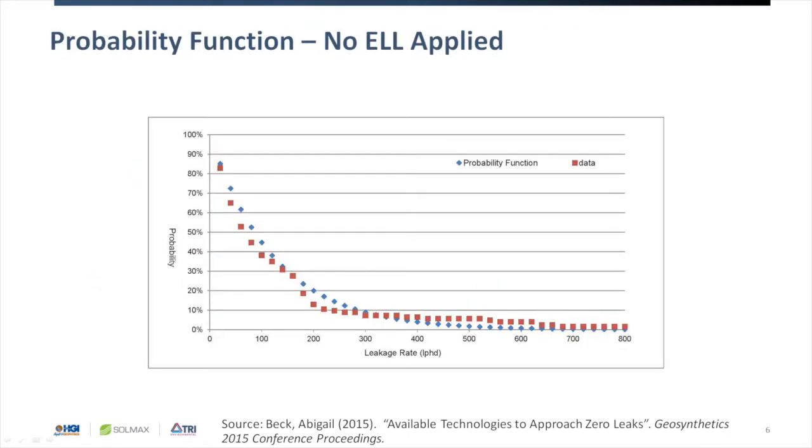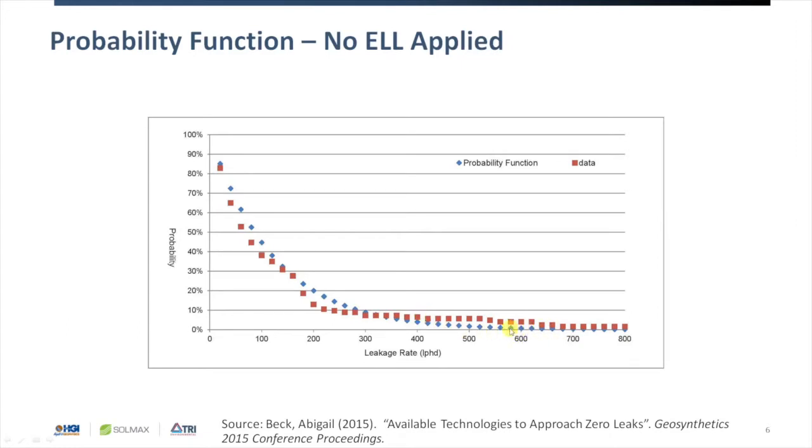So I took the data from the first slide that I showed you, that histogram of number of sites and leakage rates, and I formatted them a little differently. This is leakage rate on the x-axis and the percentage of sites that were exceeding that leakage rate plotted with the red squares here. And it turns out we make a really beautiful curve that can be modeled by an exponential function, which I named the probability function.